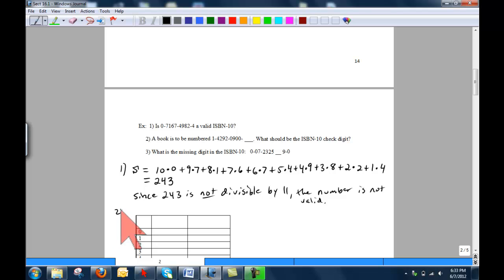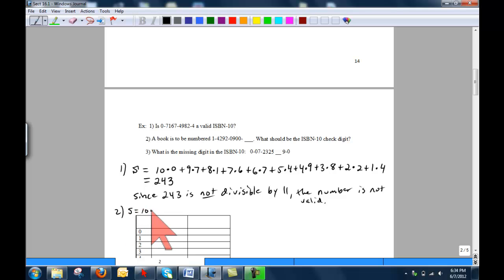Let's look at the second question. A book is to be numbered, and so here are the 9 information digits, and now we have to add a check digit, and the question is, what should the check digit be? Okay, let's work out the sum for this.